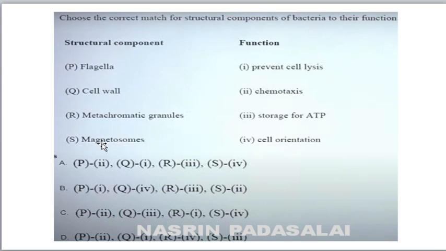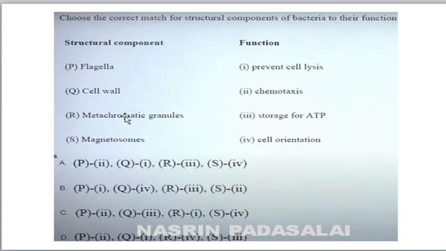These magnetosomes are involved in the process of cell orientation by sensing the earth's magnetic field. Okay, so the correct options are P2, Q1, R3 and S is 4.